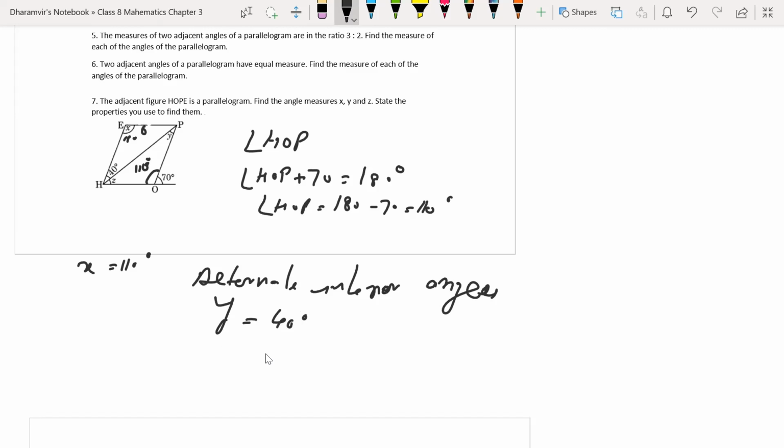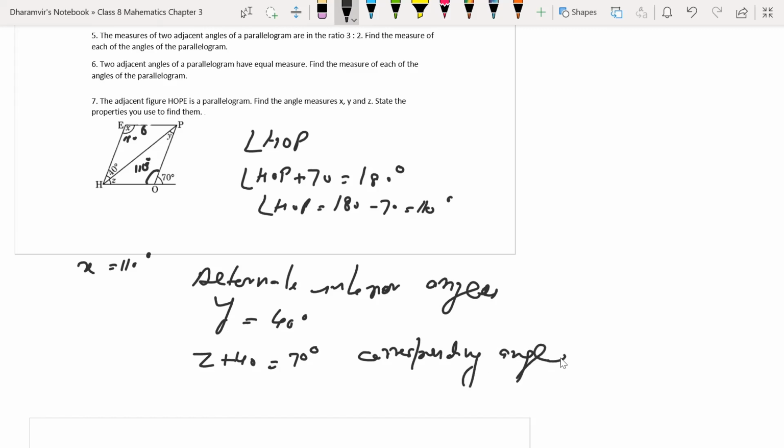Then what about z? z plus 40 is equal to 70 because of corresponding angles.